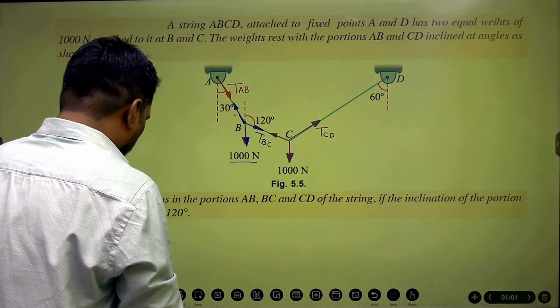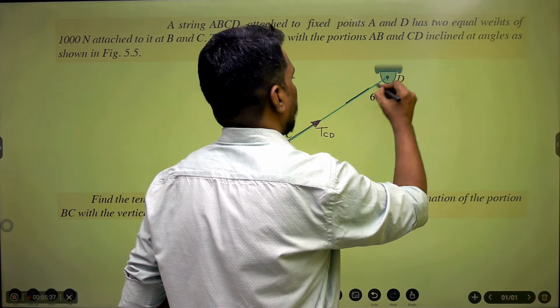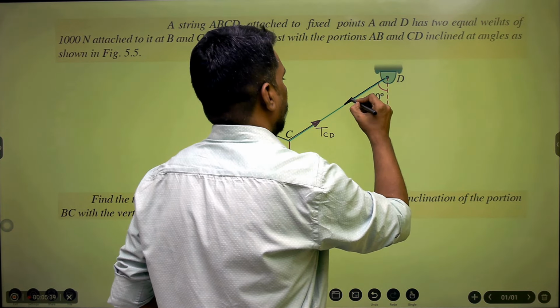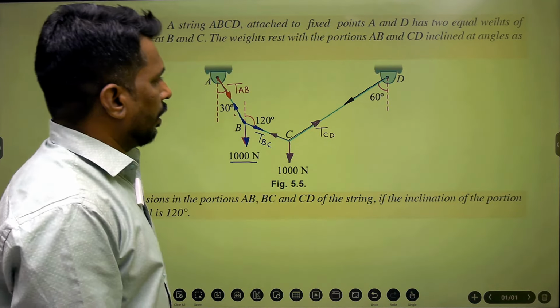Now the last point left is point D. You can see only one cable segment is connected at point D, and it carries only one tensile force, that is TCD.